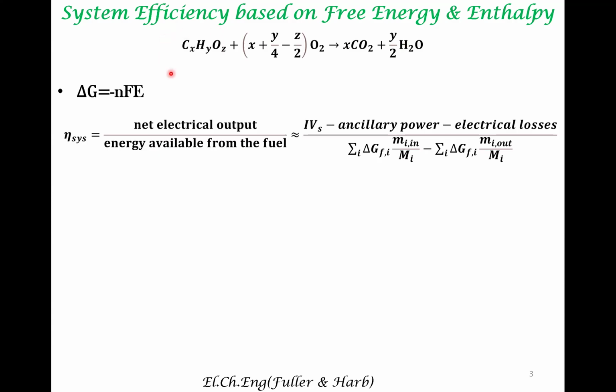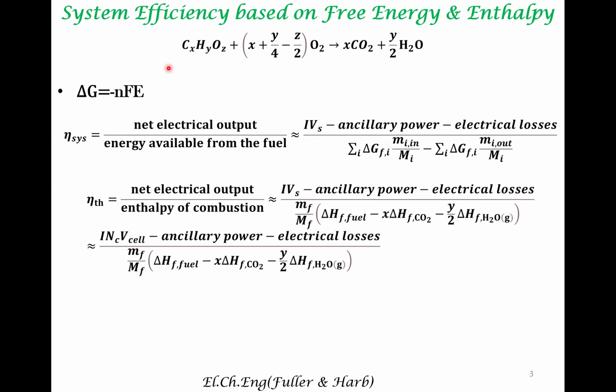Typically, when you use a fuel, you burn the fuel. From burning the fuel, you get heat. So there is an alternate way of defining efficiency based on enthalpy of combustion. The numerator remains the same. In the denominator, you have the enthalpy of combustion, which can be computed using principles of chemical thermodynamics.